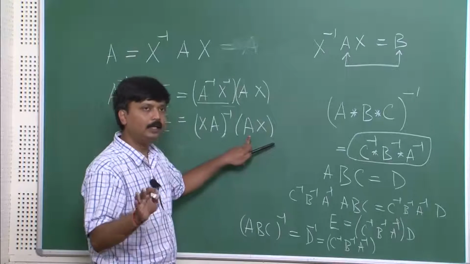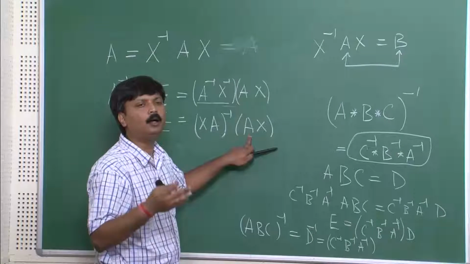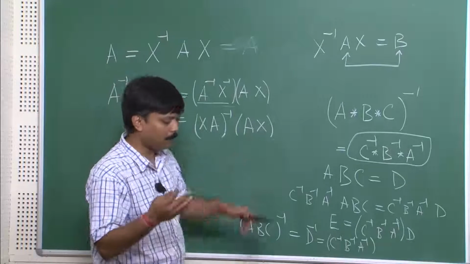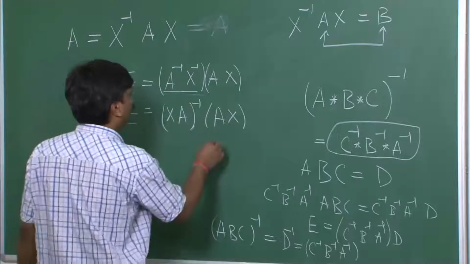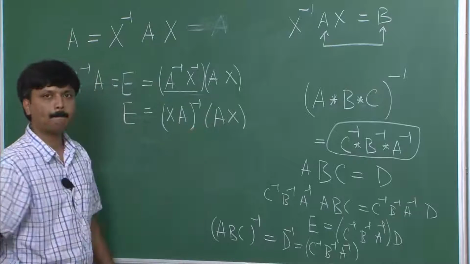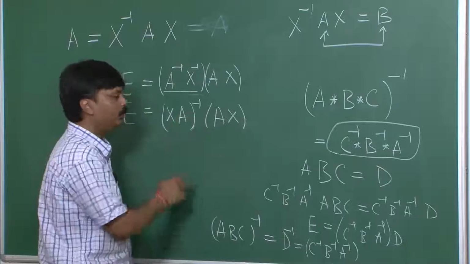But other than identity, other than this trivial solution, I can find a particular element which will be commuting with this A. Fine. So suppose that is B. So then B A B inverse is equal to E.